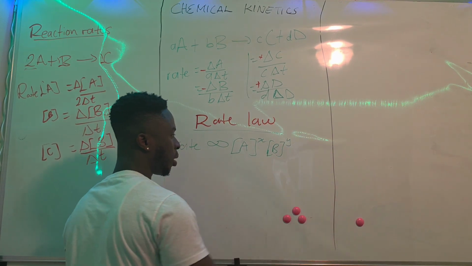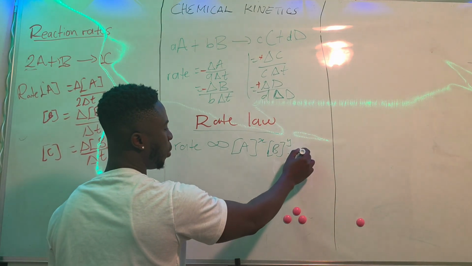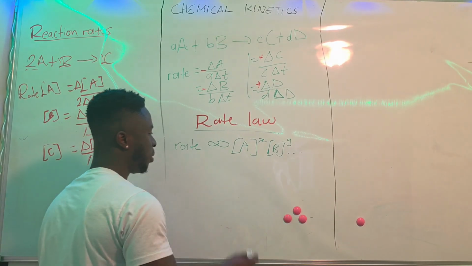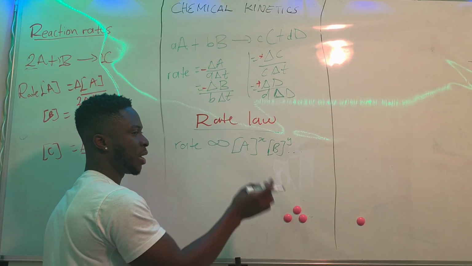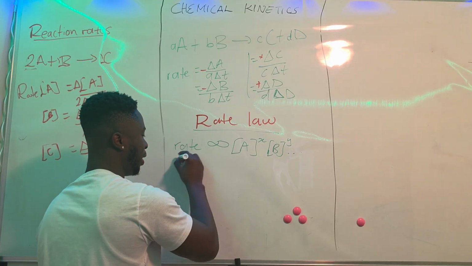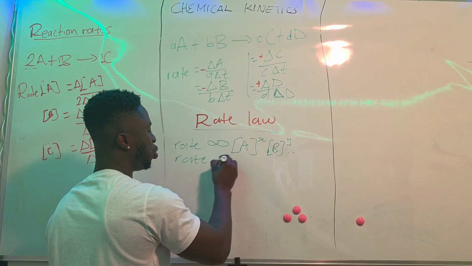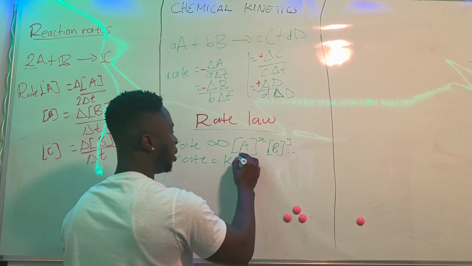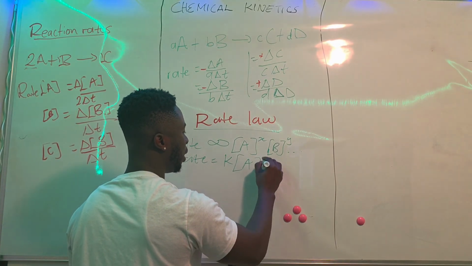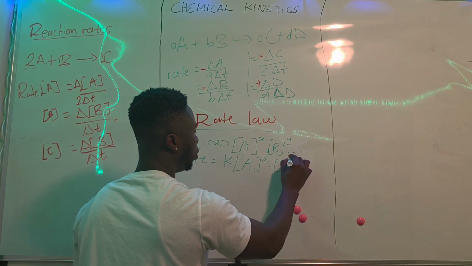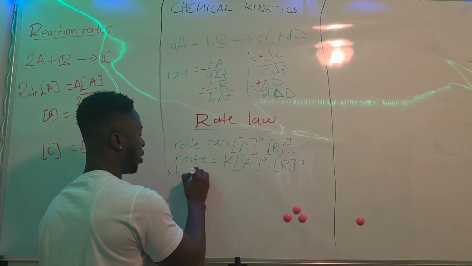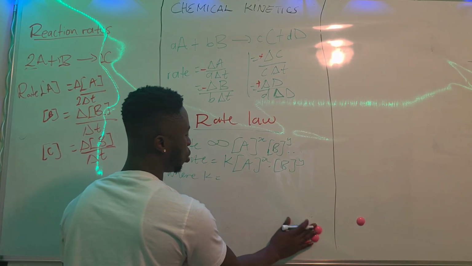We can keep going if we have more reactants. If I change the sign of proportionality to an equal sign, the rate is going to be k times [A]^x times [B]^y, where k is the rate constant.